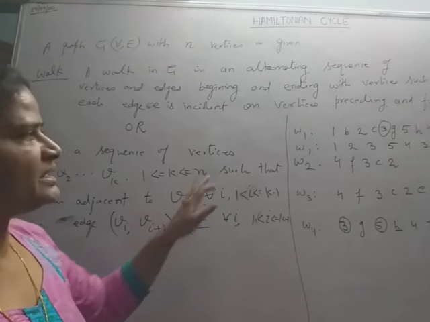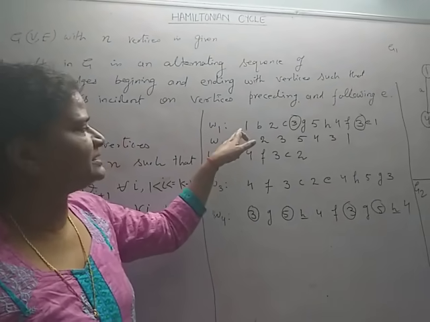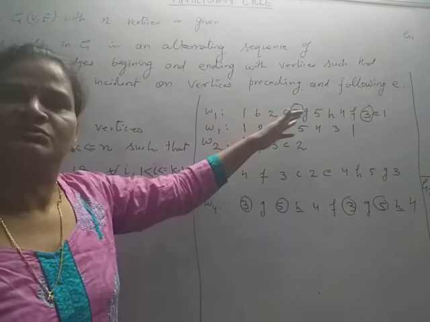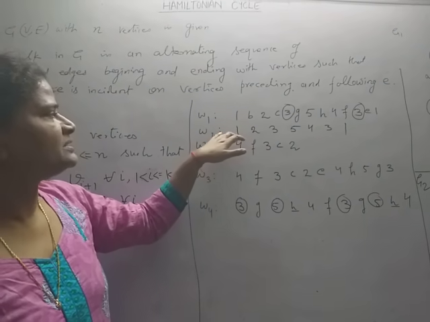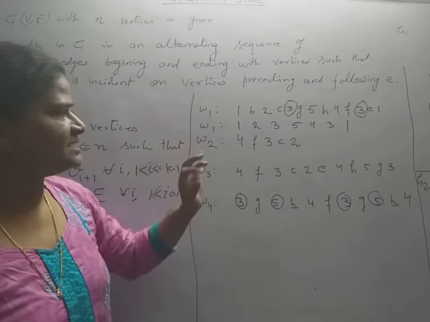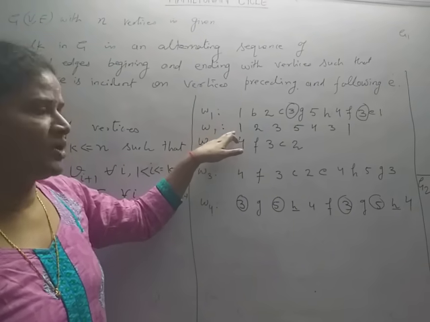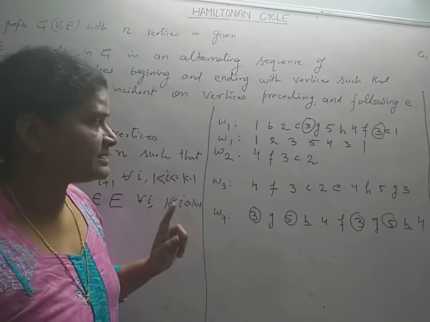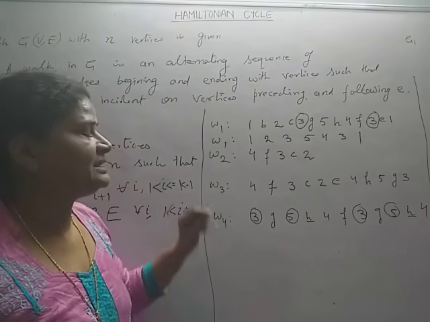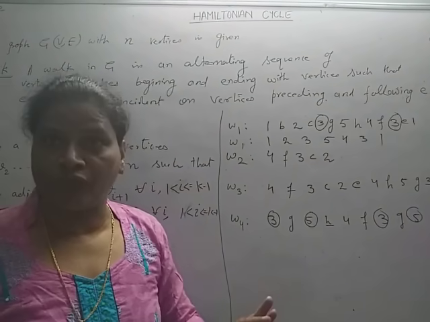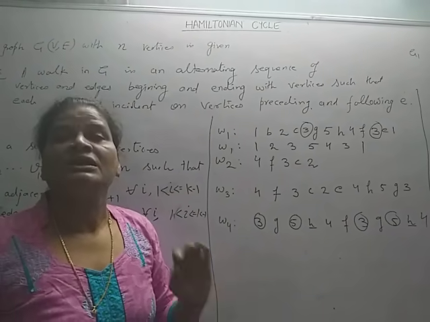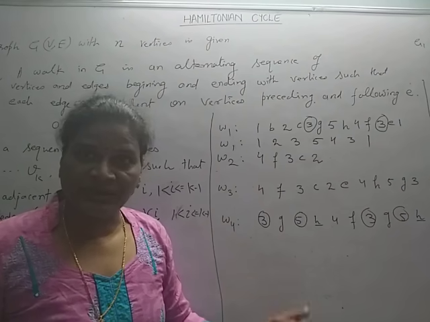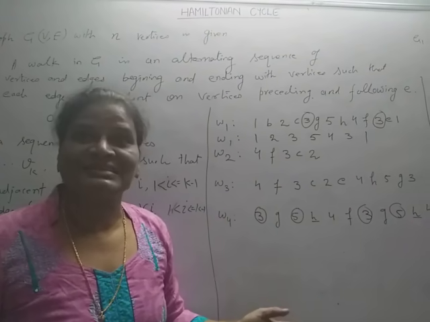So in this way, the walk can be written in two ways: either as an alternating sequence of vertices and edges, where the walk begins and ends at a vertex, or as only the sequence of vertices. But remember that in the case of a walk, edges can be repeated and vertices can be repeated.